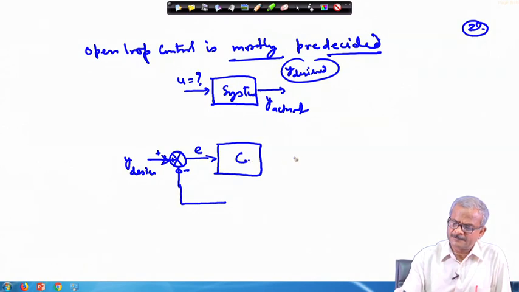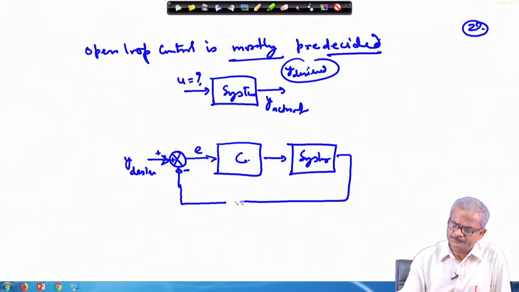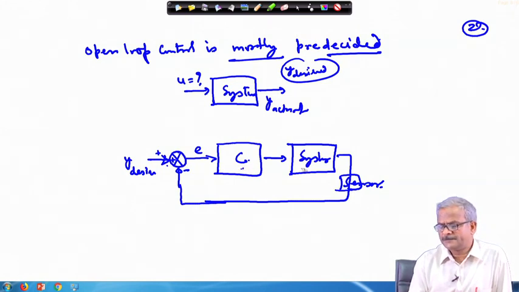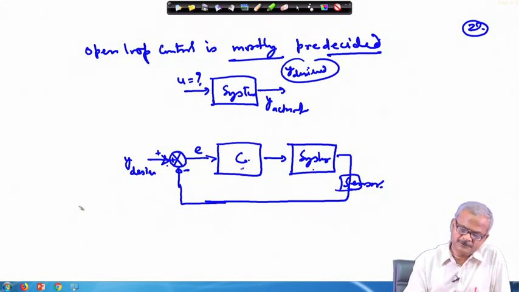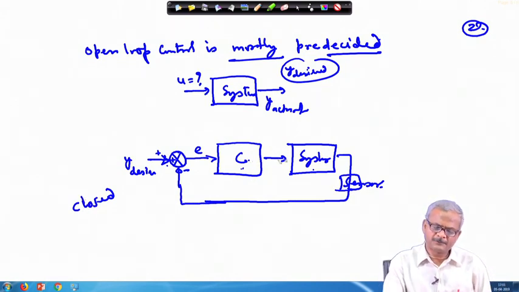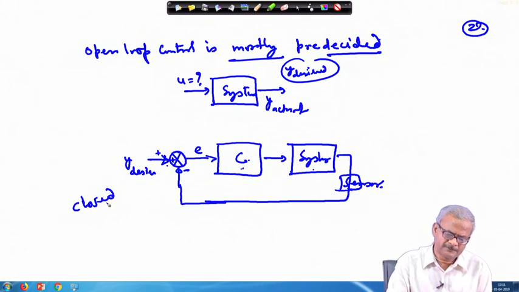We design a controller here as we have done earlier, and here is your system, and there may be a sensor also, which we are not showing here. Feedback is taken, the controller is appropriately designed and the system is controlled. This constitutes the closed loop system. I hope I am clear to you, because these are from your linear control system, which is a prerequisite for this course.